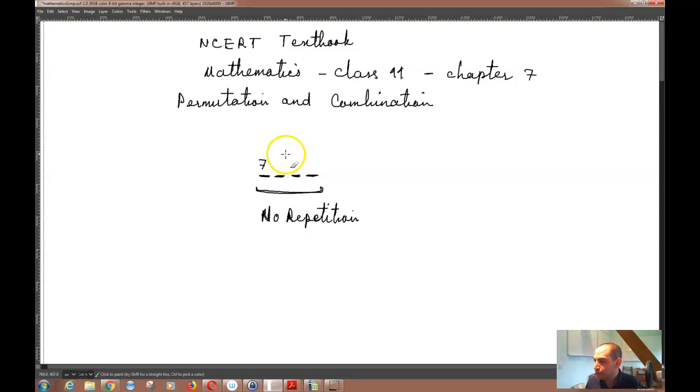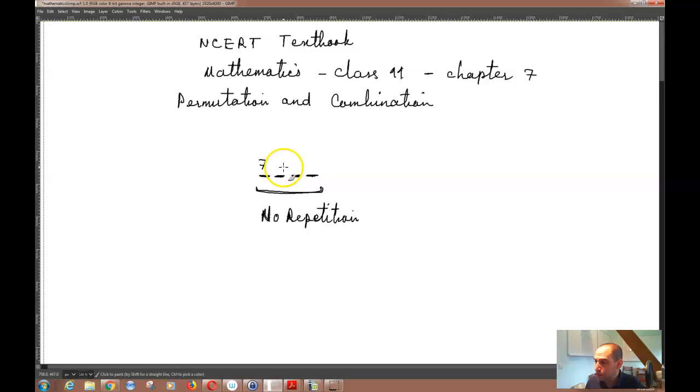Now, the question that we want to answer here is how many sequences of 3 digits you may have to check before you can open the suitcase.